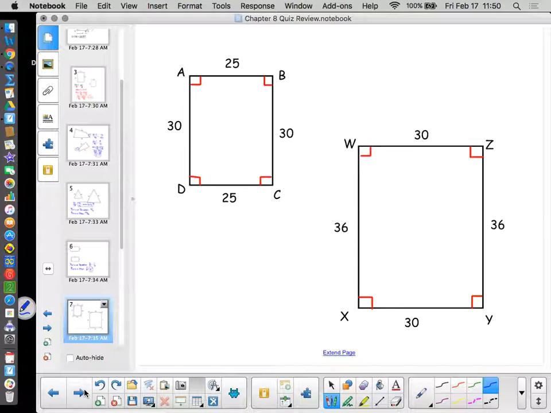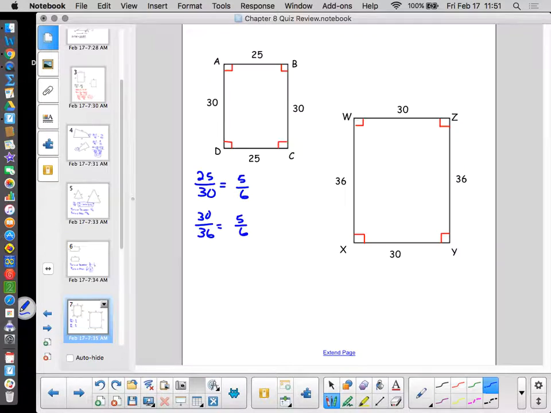Let's start with the tops. They're the short sides. Short side to short side, 25 over 30. And I reduce that to its scale factor, lowest terms. 25 over 30 is 5 over 6, right? And I find the next pair of corresponding sides, which would be 30 and 36. And I reduce that, which also reduces to 5 over 6.